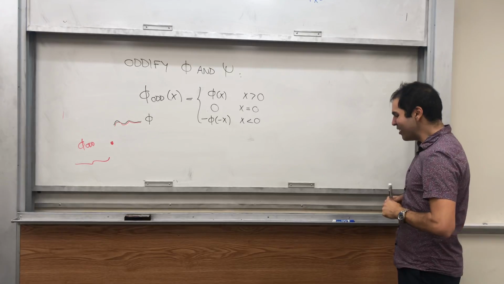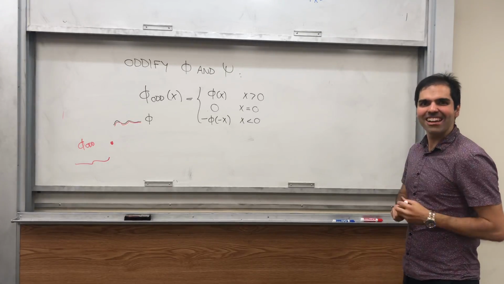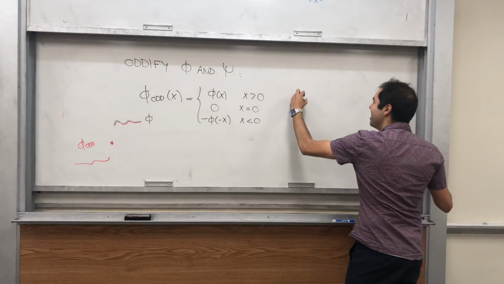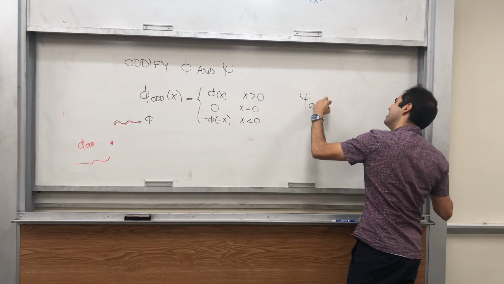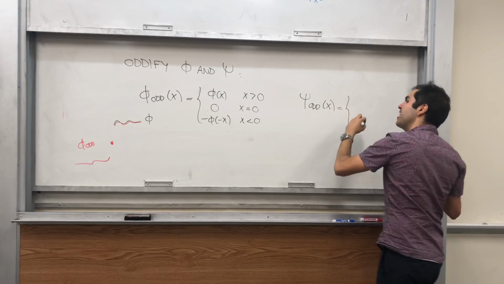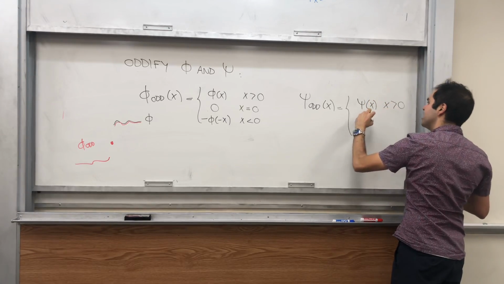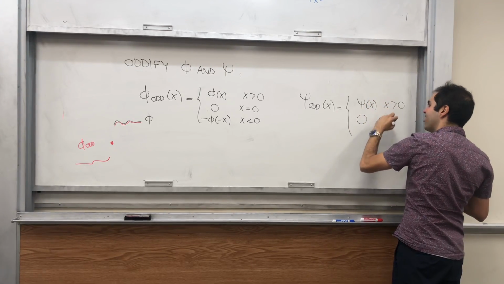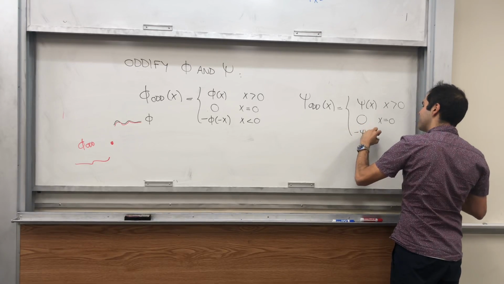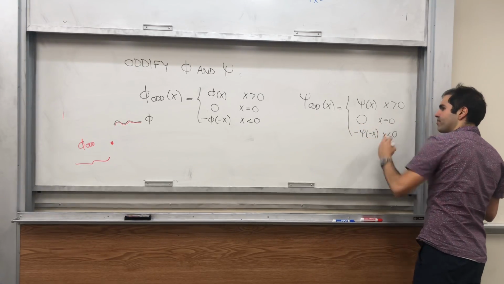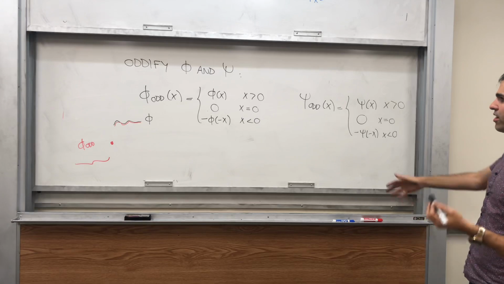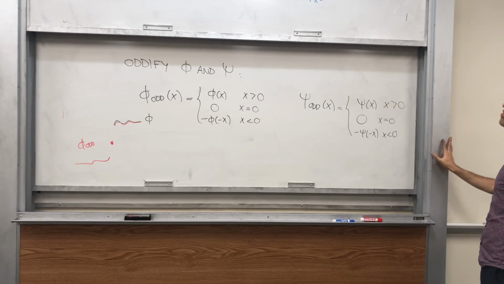And before we only had φ_odd, but now we have its brother, ψ_odd. It's the same thing: ψ(x) for x positive, 0 for x equals 0, and −ψ(−x) for x negative. Very good, so we have φ_odd and ψ_odd.